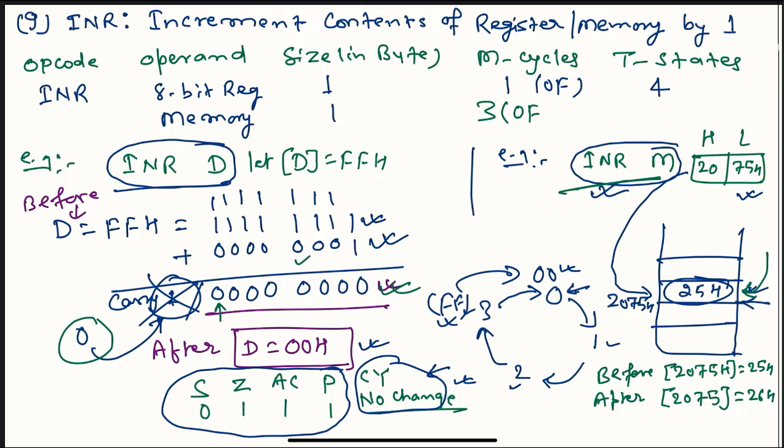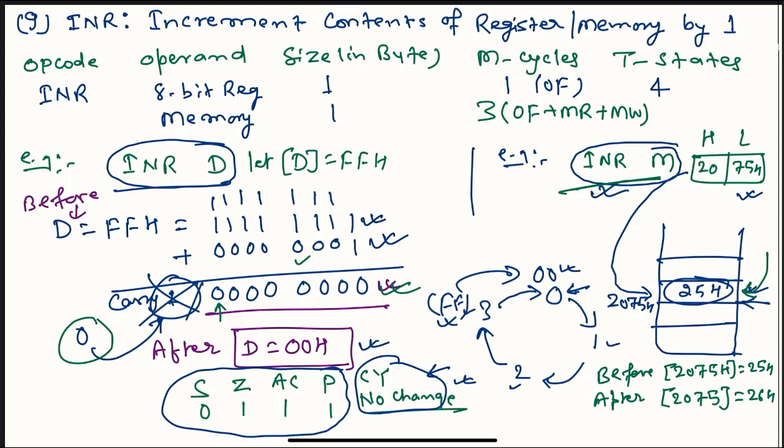From the memory. That is called the memory read operation. Then after incrementing this 25H, it becomes 26H, and that 26H is sent back from the processor to memory.